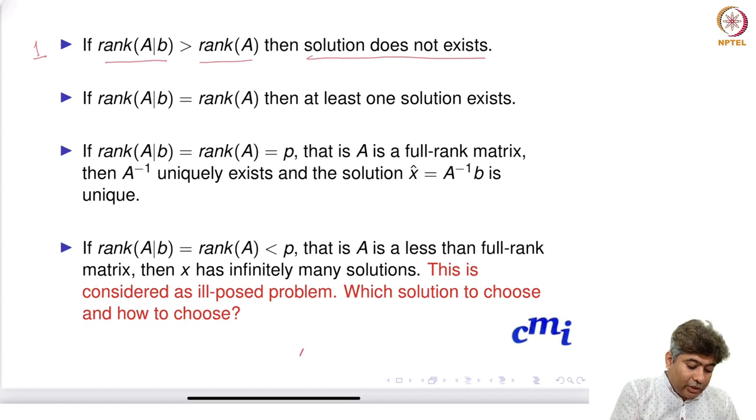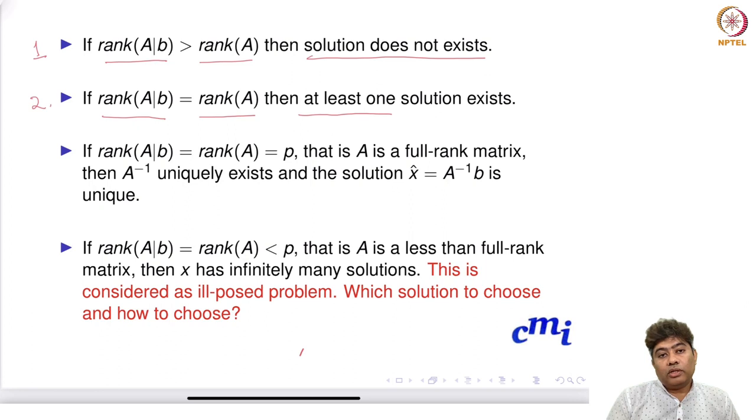The second condition is if the rank of A augmented with B is equal to the rank of A, then you can ensure at least one solution exists. There could be more than one solution, but at least one solution does exist. The third situation is if the rank of A augmented with B is equal to the rank of A, and that is equal to p, that is, A is a full rank matrix.